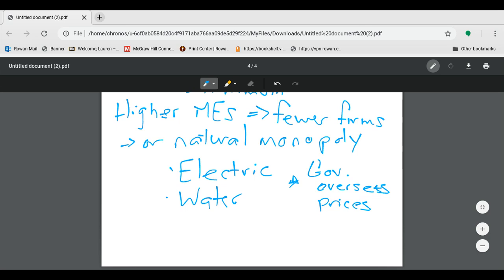You might think the government's not doing a great job, and you can have your own opinions, but they're still overseeing it, and that's better than just having a regular monopoly. So natural monopolies are overseen by the government, and the idea is not to price gouge us.